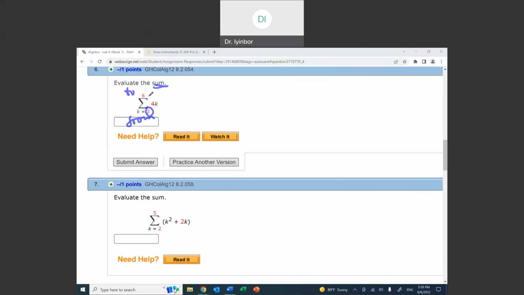And this is the formula for how to calculate each number for k. So here, instead of n, they have k, which is the same idea. So k is going to be 3. K is 4. So you start from 3 and you finish at 6. 5 and 6.